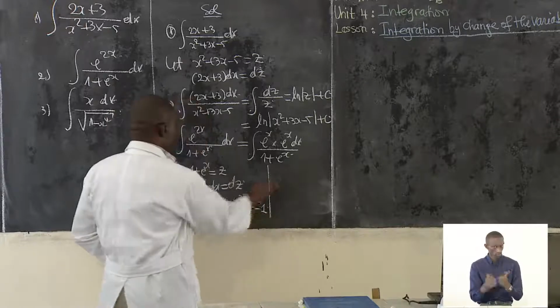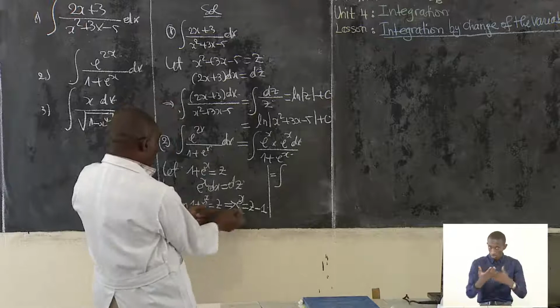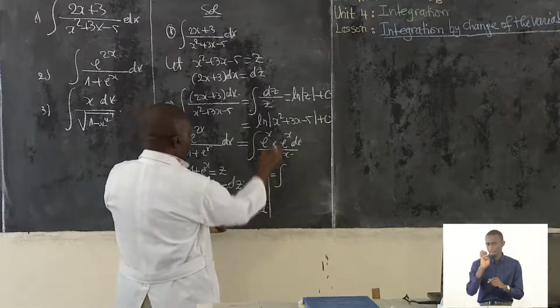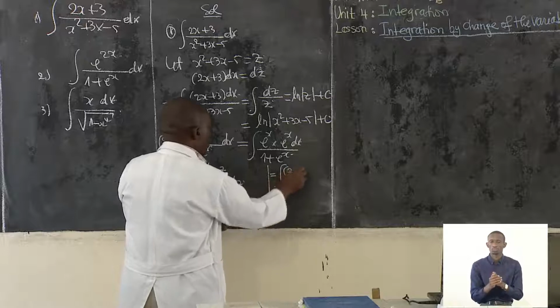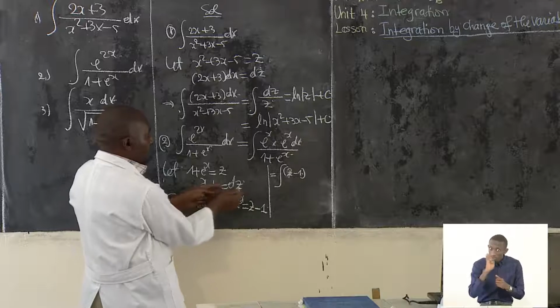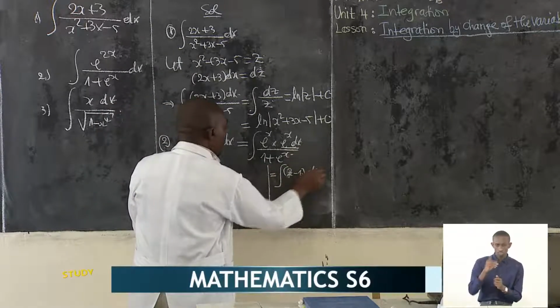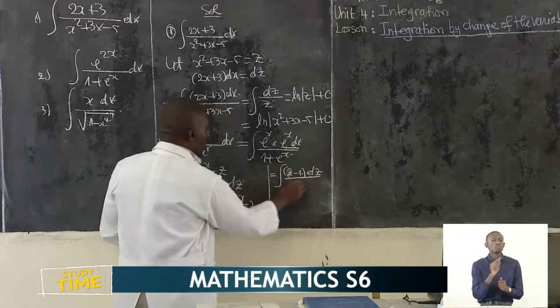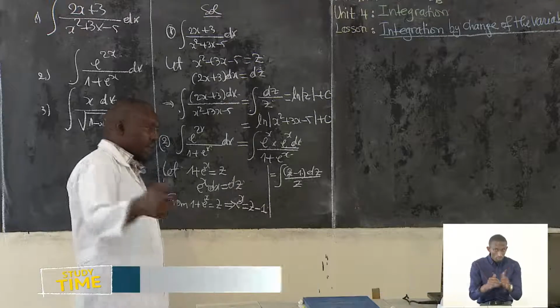Now, I'll have the integral of e power x, which is z minus 1, then e power x dx equals dz. It is this one, so dz divided by z. Are we together? Very nice.